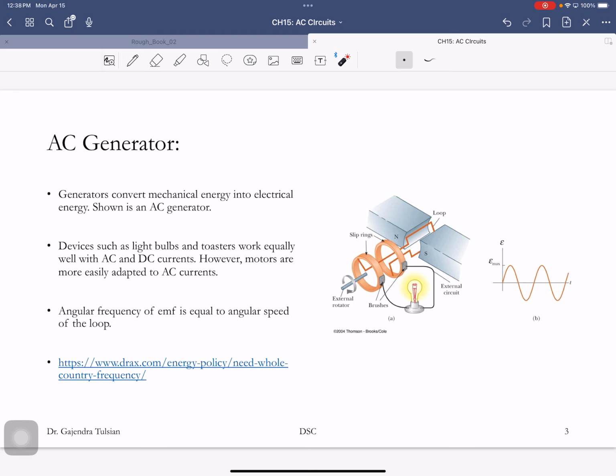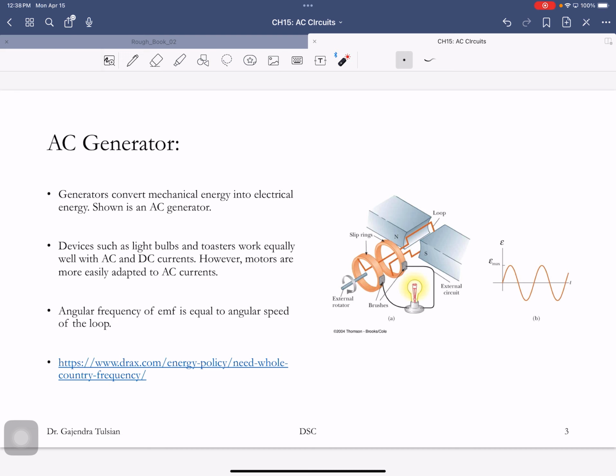So if you turn this wire, the magnetic flux through this wire is changing, and an EMF is induced in this coil. And that EMF looks like that. And this is an AC voltage.